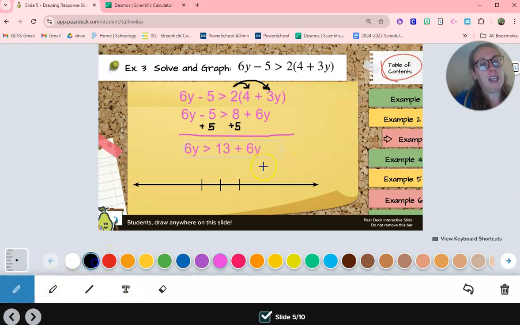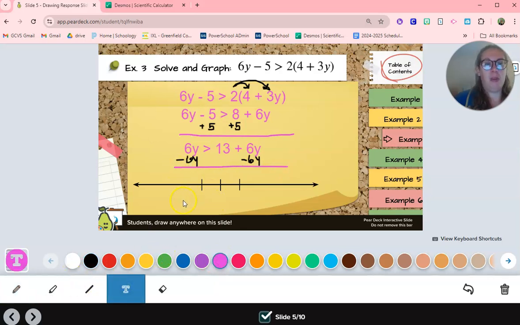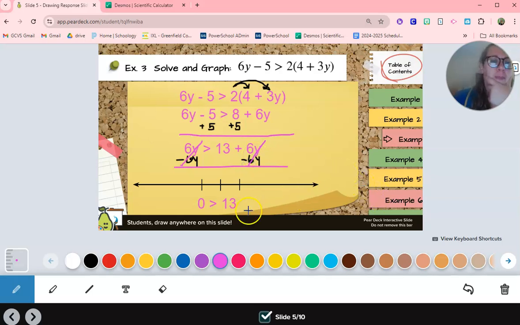And to get the y's together, I'm just going to subtract 6y from both sides. And we end up with, I'm going to write it underneath, 6y minus 6y is 0 greater than 13. Because 6y minus 6y cancels to 0, and that happened on the left and the right.